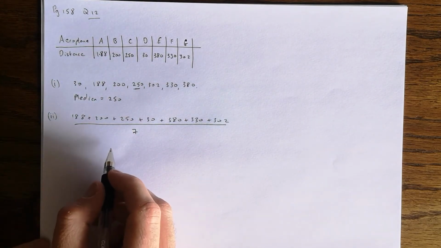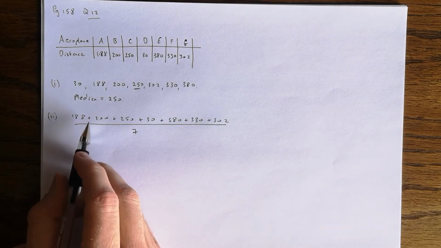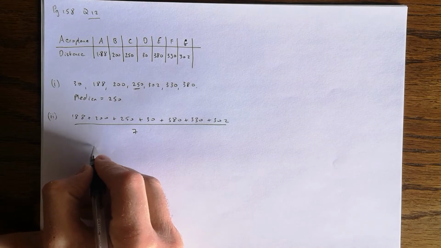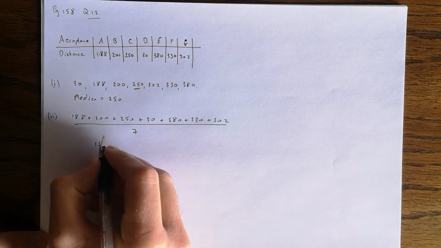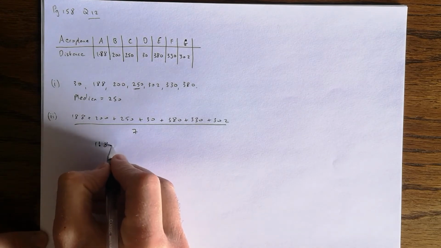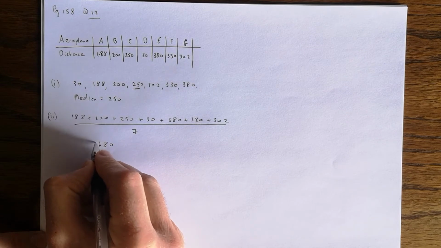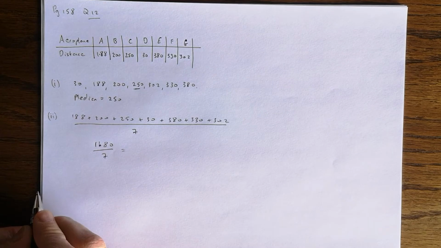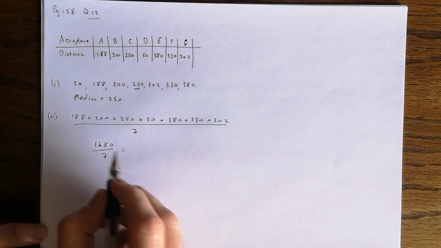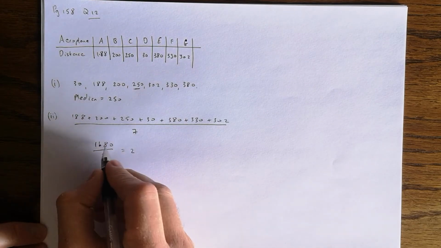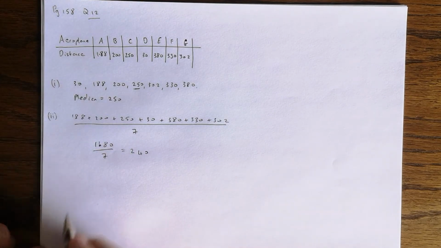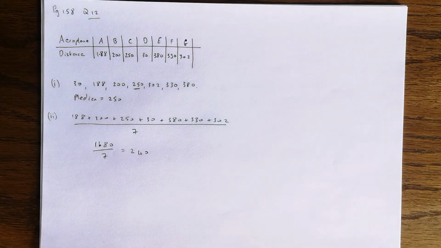When I add them all up, I get 1680, sorry, 1680. Yes, 1680. Divide that by 7, because there's 7 numbers, and I get 240. So the mean distance is 240.